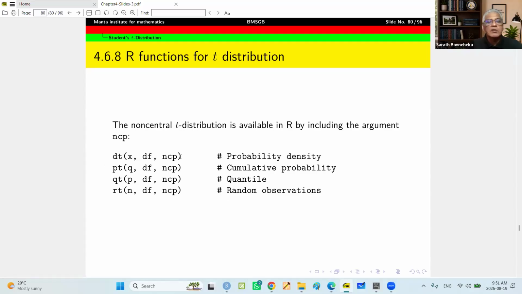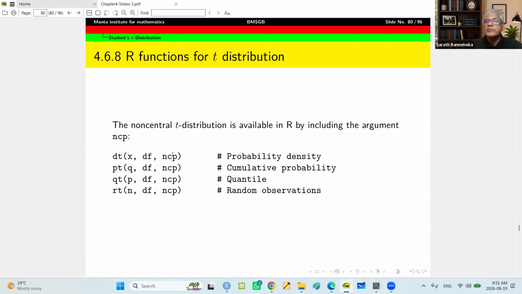The first argument for dt is an x value. When you're calculating pt, you have to give a quantile. When you're calculating qt, you have to give a probability. When you're calculating rt, you have to give the number of observations. That is the first argument. The second argument is always the degrees of freedom.